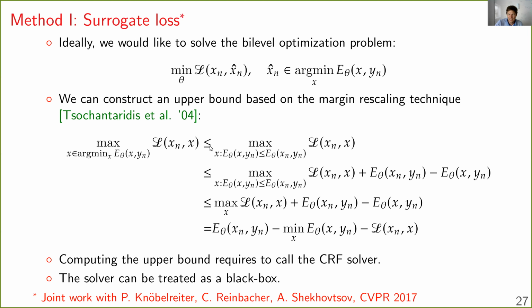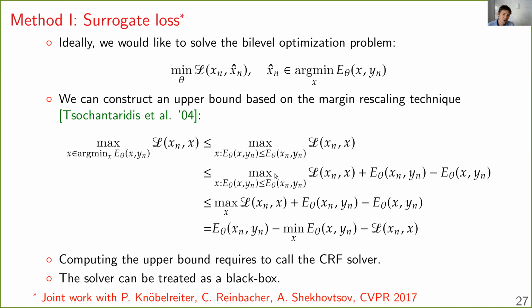Then you say this is less or equal when I relax this slightly and say, okay, I'm not interested in minimizers, but at least in solutions X whose energy is smaller than the energy of the ground truth solution, because we should assume that the energy of the ground truth solution should also be small. Okay, this is the first relaxation.